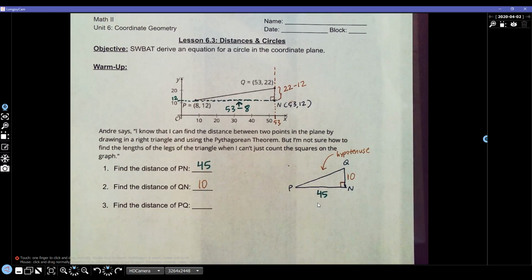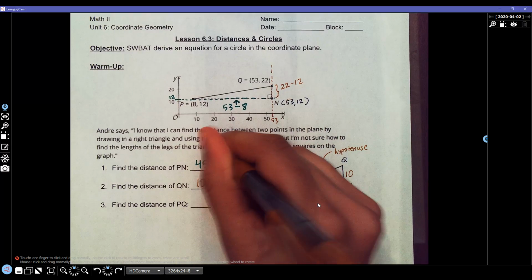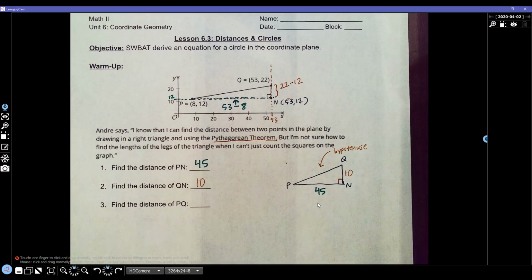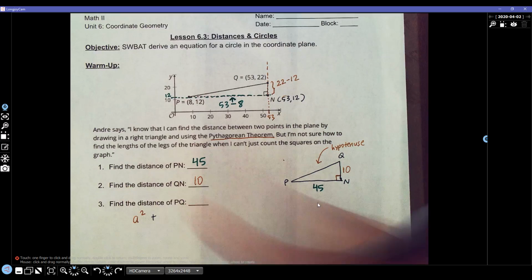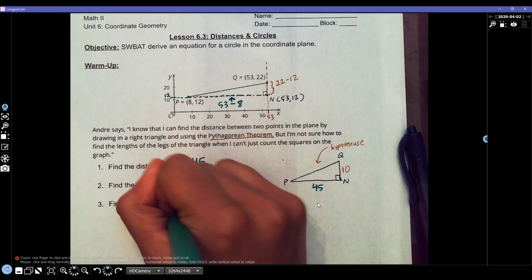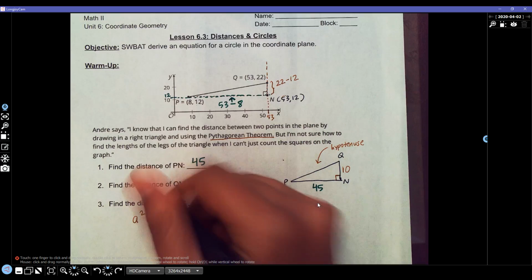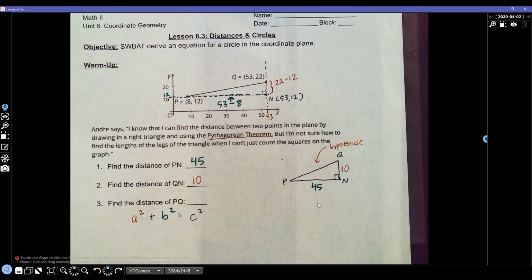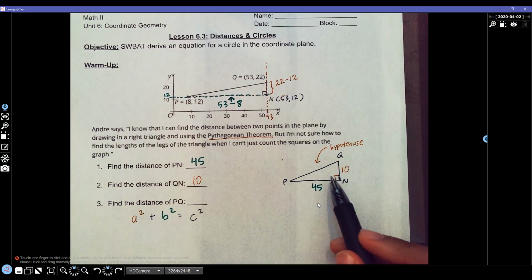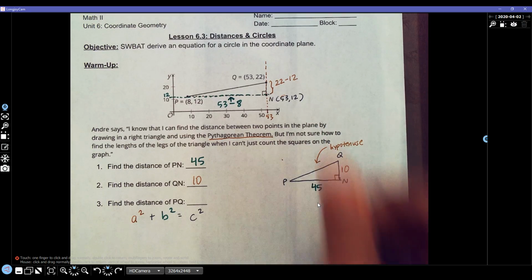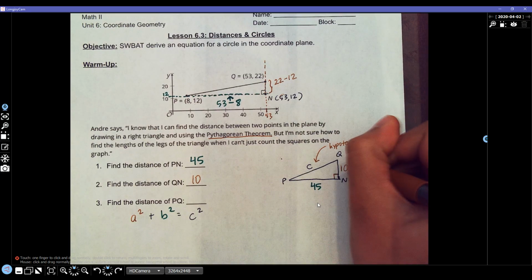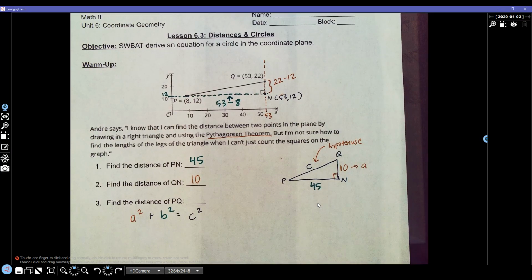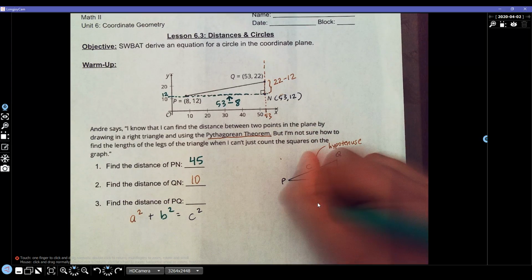And our question mentioned the Pythagorean theorem, so I'm going to write that down here for our reference. a squared plus b squared equals c squared. When we look at this right triangle, we don't know what our hypotenuse is, but we know that it is always going to be our c value. Our 10 can be our a value, and then our 45 is our b value.